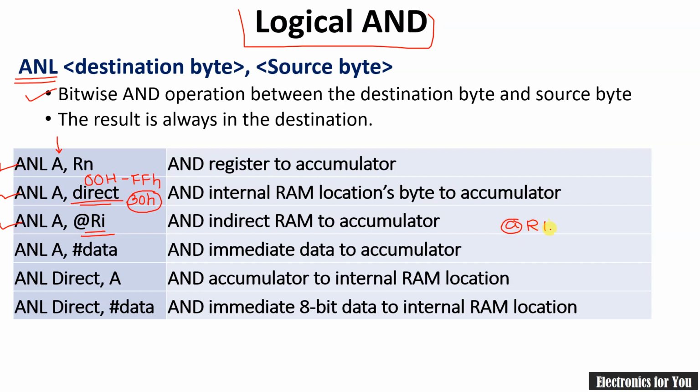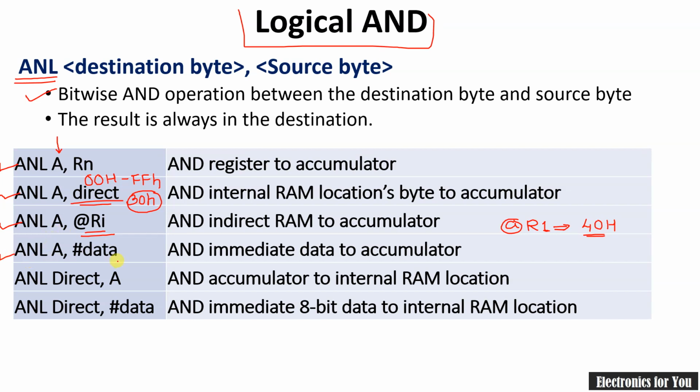For example, if R1 is written and R1 has the value 40H, it means that R1 is indicating the internal address 40H, and the content of this 40H and the accumulator will be ANDed and the result is stored into the accumulator.